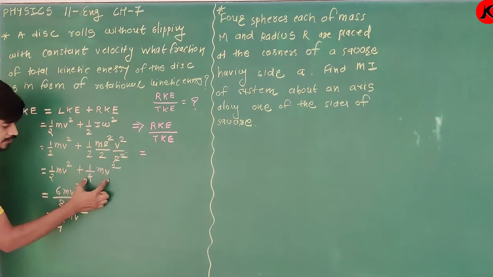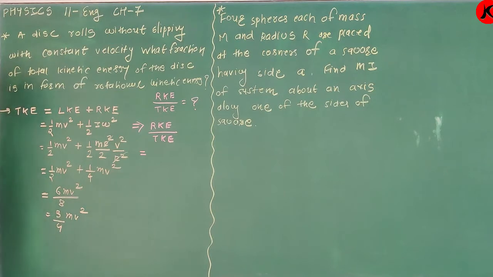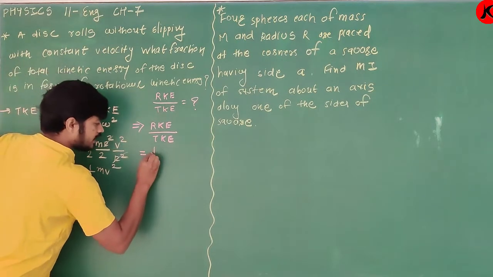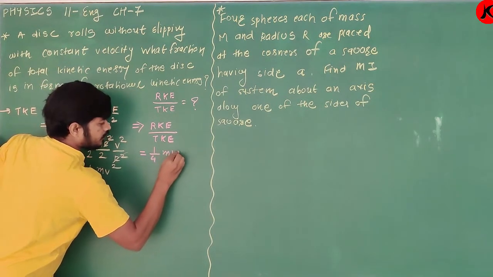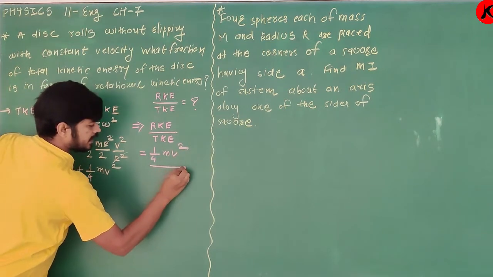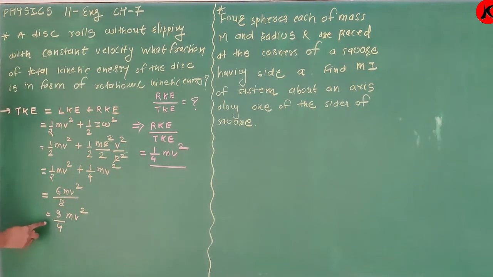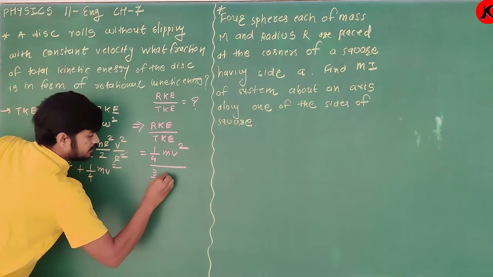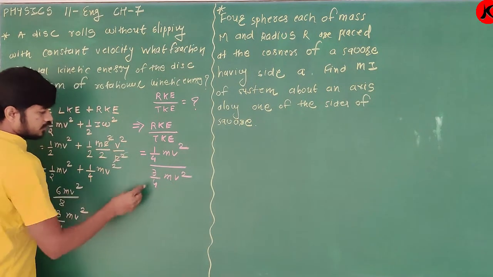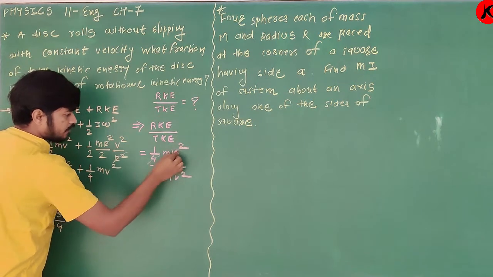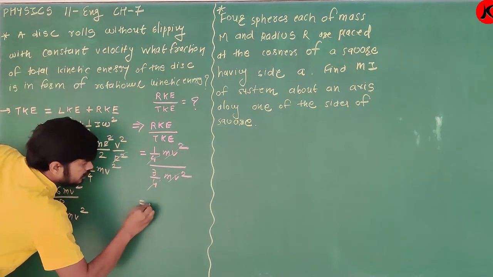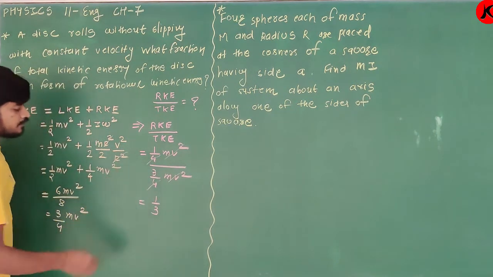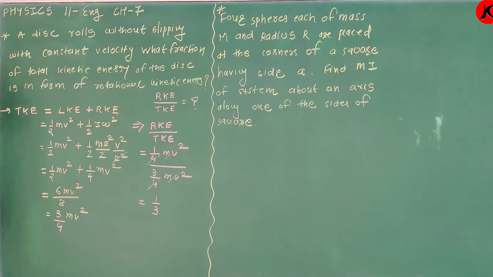So this 1 by 4 mv square is nothing but rotational kinetic energy. So rotational kinetic energy, 1 by 4 mv square, divided by total kinetic energy, 3 by 4 mv square. The 1 by 4 mv square cancels, and your answer is 1 by 3. Simple. Any doubt? So yes, it is one easy question.